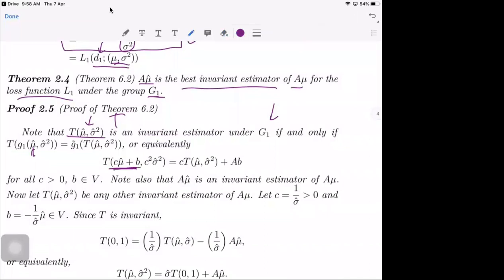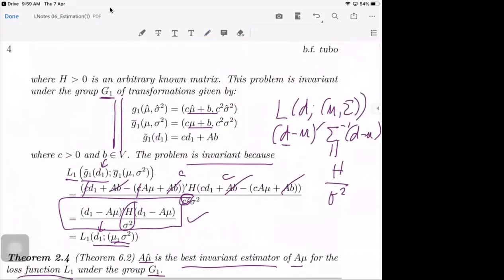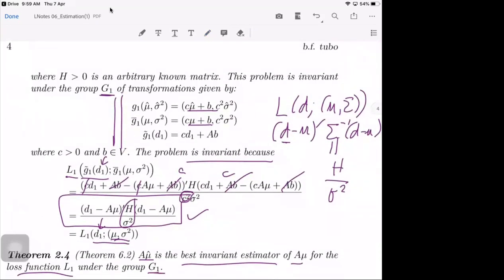Gi-add nimo at G1 at mu hat. Gi-addan nimo og b and pre-multiplied mu hat by c, and this is your variance. And if you can show that this is equal to c times, so i-applyan nimo og g tilde sa t at mu hat. So ang imong gusto is t at mu hat sigma hat g tilde. Unsa man ang g tilde? Kini ang g tilde nimo na transformation.